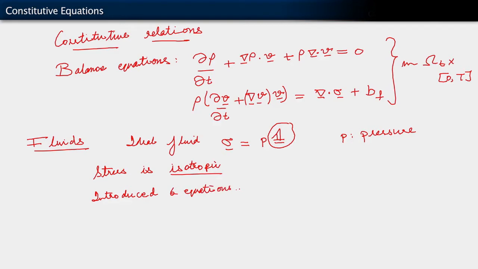And this is a good thing because 6, as we know, equals 10 minus 4, right? 10 was the number of unknowns that we had when we counted up unknowns, and 4 was the number of equations that we had when we counted up the balance laws alone. If you look at the top of the slide, those two balance equations involve 4 equations and 10 unknowns. And so now we've got that difference.